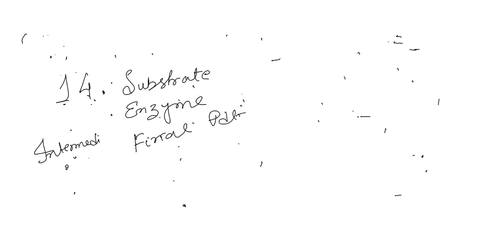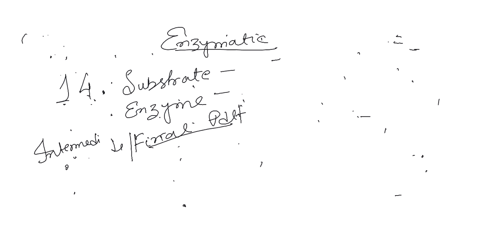So if I say it is about enzymatic browning, you will often be reading it with a chart. My point is, if you know the enzyme, the substrate, the intermediate product and the final product in this way, you will be easily able to recollect.